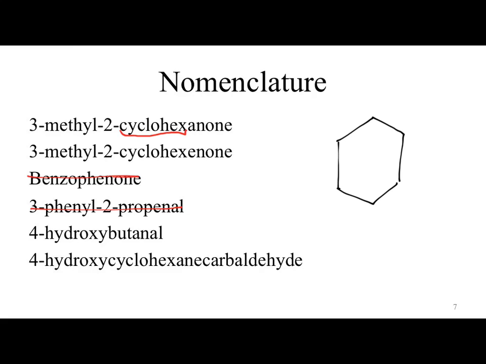A 6-membered ring. Okay. Next piece of information that I would highlight is the AN ending in there. What does that AN mean? It's all single bonds. Okay, so I've accounted for that. Next piece of information.